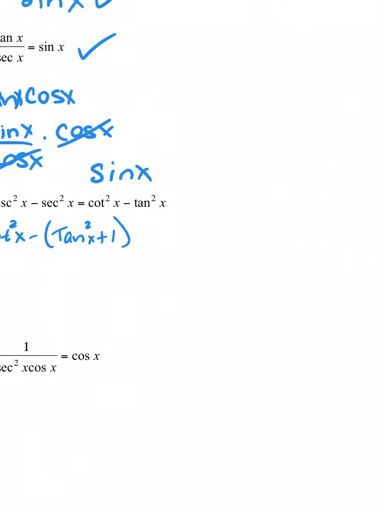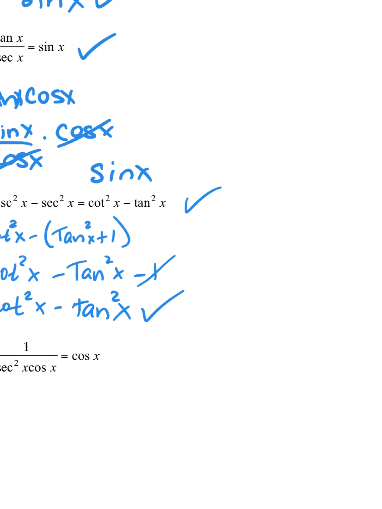So we're going to get 1 plus cotangent squared of x minus tangent squared of x minus 1. And this plus 1 and minus 1 bite the dust, and we end up with cotangent squared of x minus tangent squared of x, which is what we have up here.